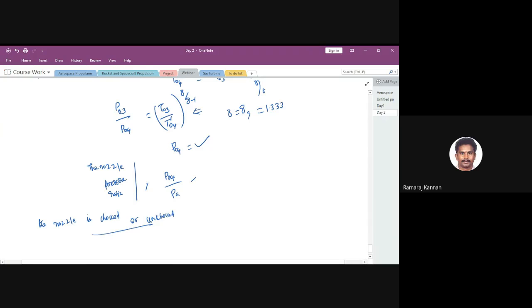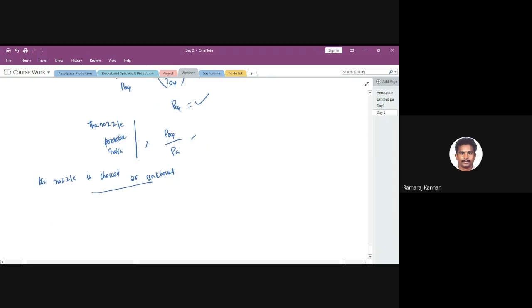For finding that, we need to find out P04 by PC, let us take it as P star. This is a relation.